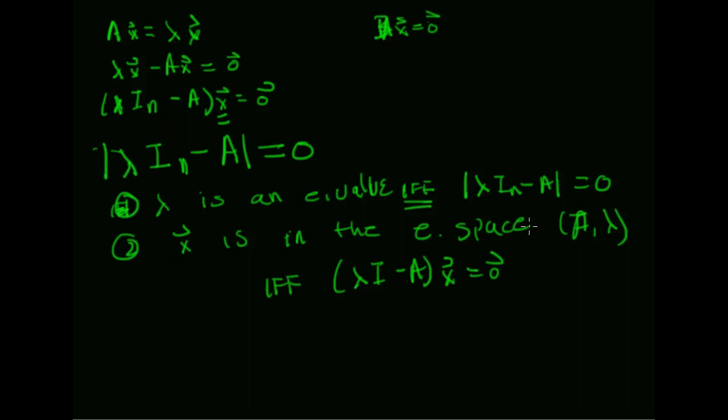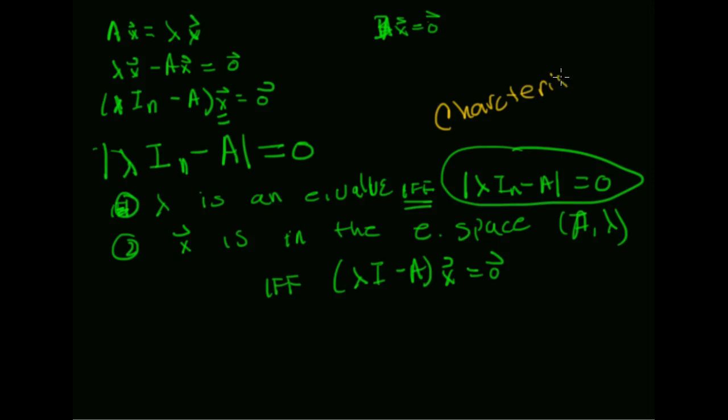All right, so useful things here. This equation right there, we have a name for that. We're going to call this the characteristic equation. And this piece actually works out to be a polynomial.